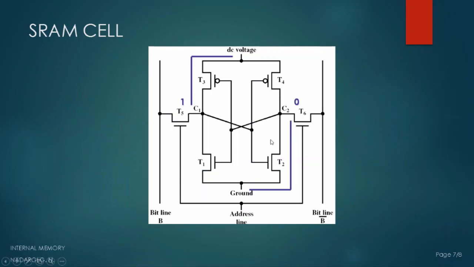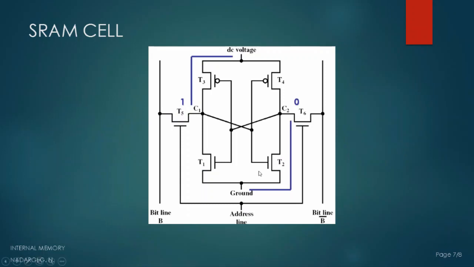In logic state 1, point C1 is kept high and point C2 is kept low. In this state, T1 and T4 are off and T2 and T3 are on.